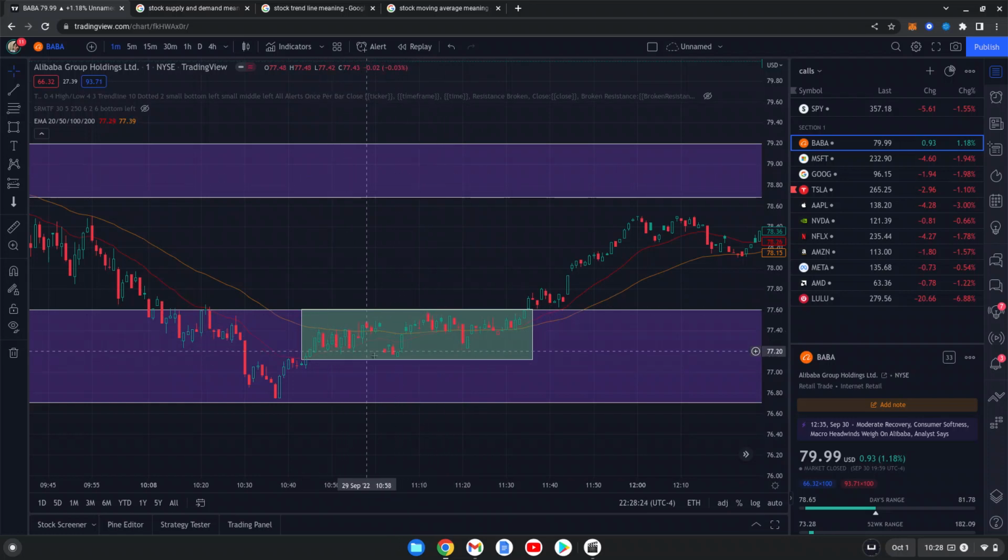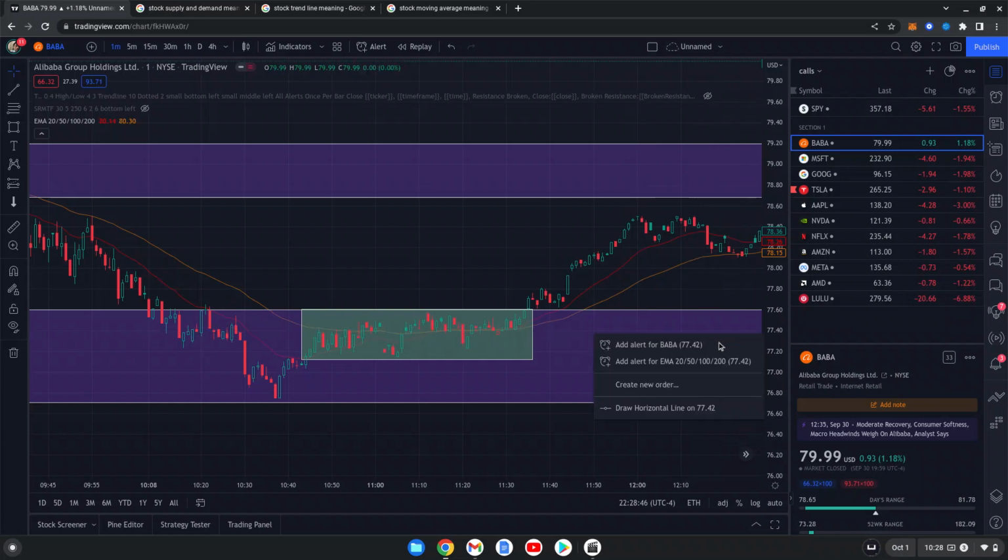We are looking for exactly this, some consolidation. And during the consolidation is when buyers and sellers are fighting and deciding if we are going to send this back up or bring it down. So this is the only time that you should be trading a stock, when it reaches these zones.